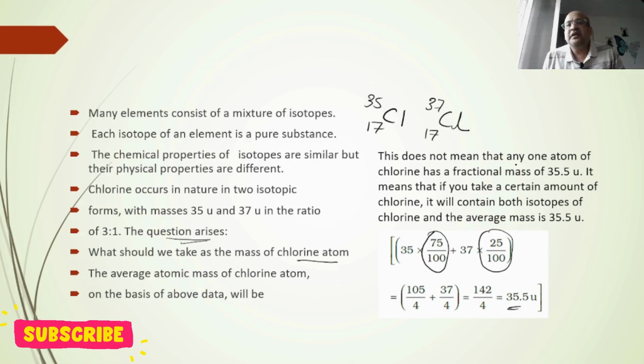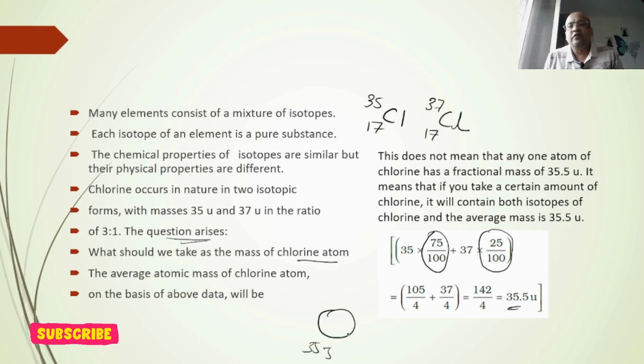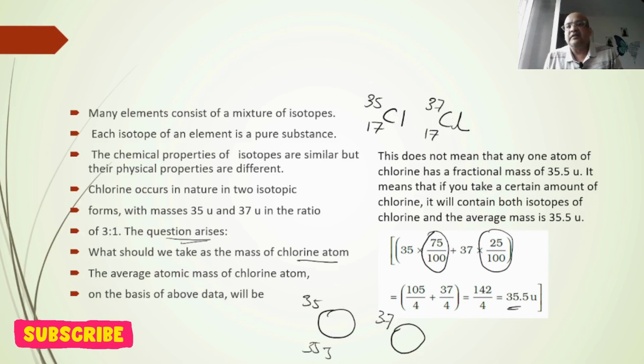This does not mean that any one atom of chlorine has a fractional mass of 35.5. It means that if you take a certain amount of chlorine, it will contain both the isotopes, 35 and 37, and the average mass will be 35.5 atomic mass unit.